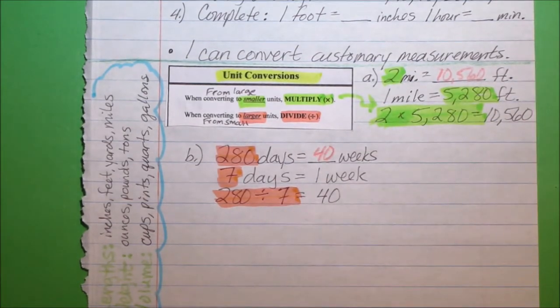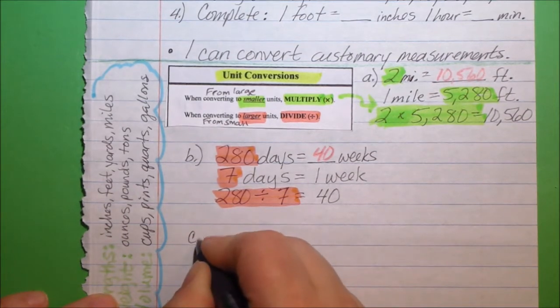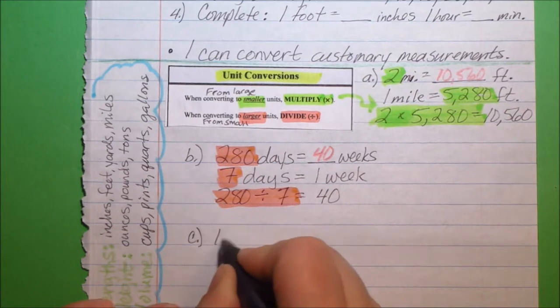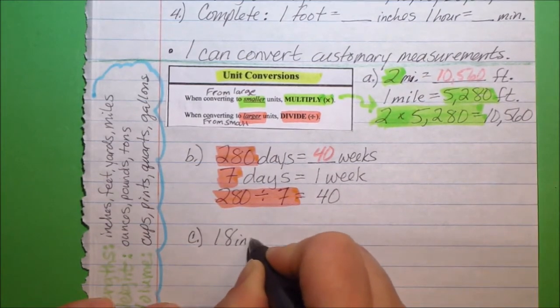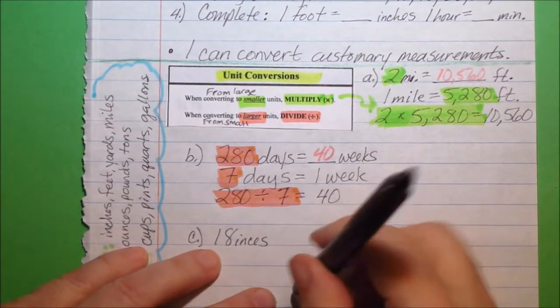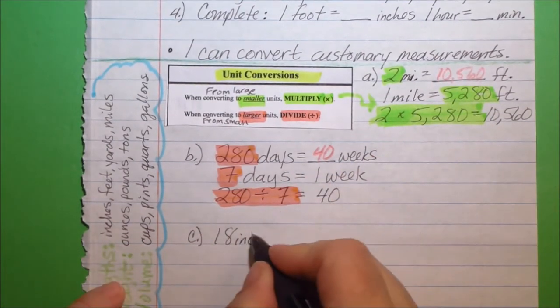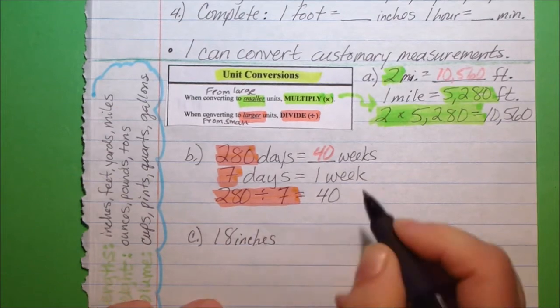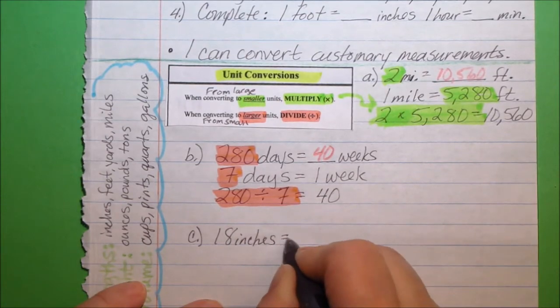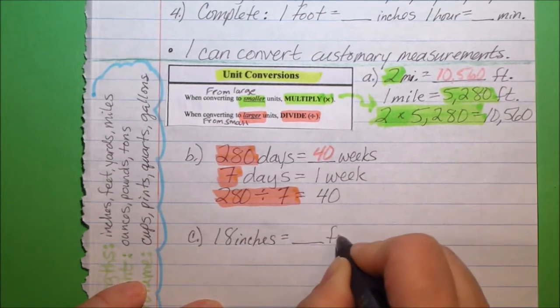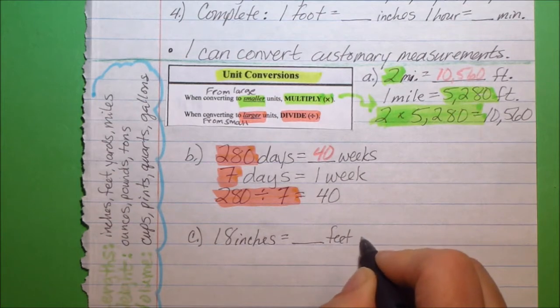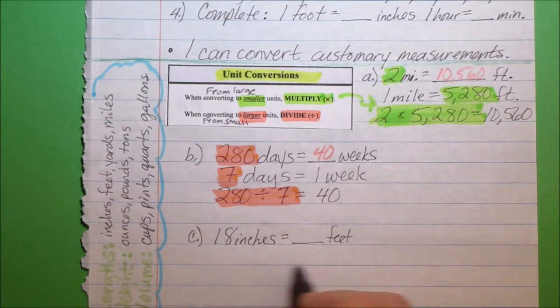All right. Okay, so let's look at one more example. C. 18 inches. Oops, need an H in there. 18 inches equals how many feet? All right, well, I need to put down how many inches equals 1 foot.